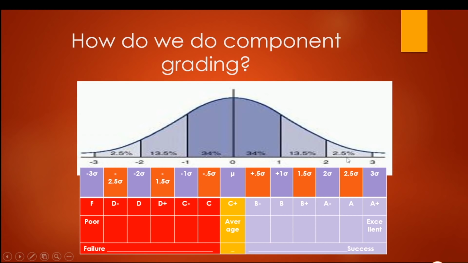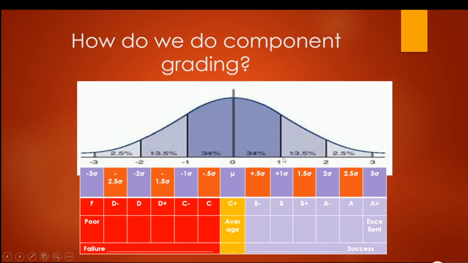Approximately we believe that 2.5% of the class is on the higher end and 2.5% of the class is on the lower end. Majority of the class is mediocre, so that lies near mean. So 1 sigma on the left and 1 sigma on the right. So that covers 68% of the class.